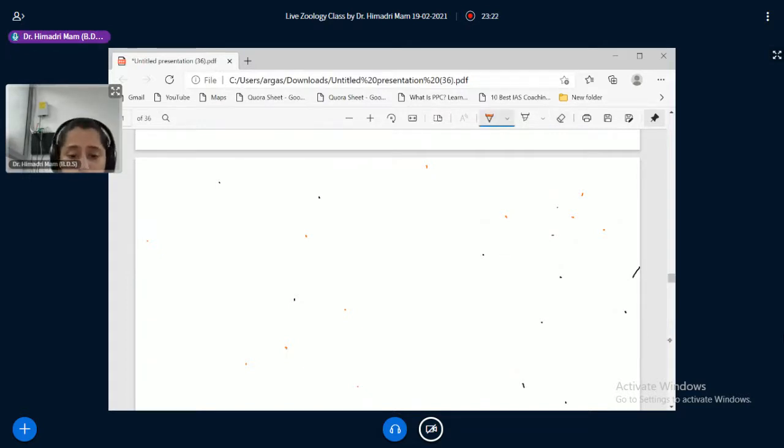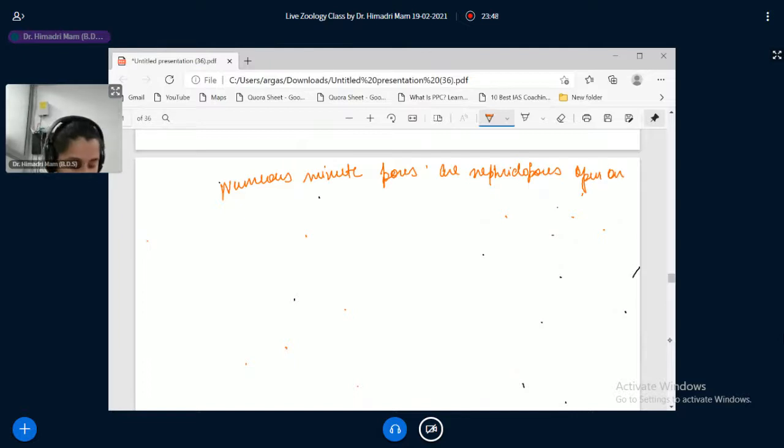There are numerous pores as well. There are numerous minute pores known as nephridiopores. Nephridiopores open on the surface of the body.